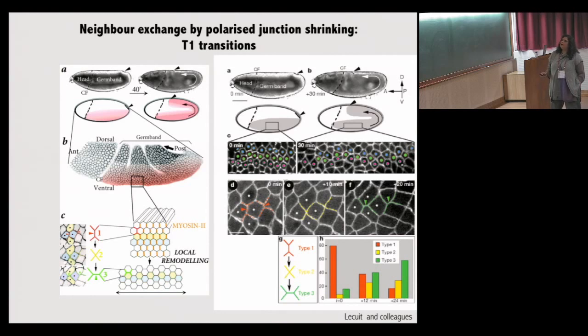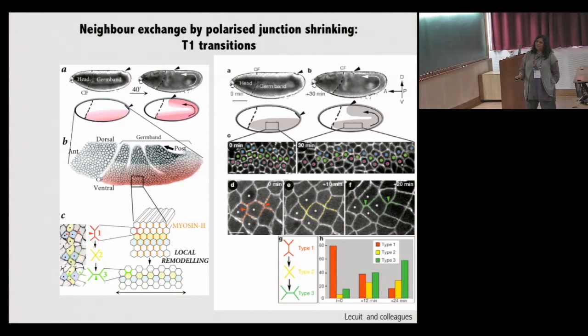They also looked at the frequency distributions of these morphologies of the interfaces, which, as I showed you in the previous slide, go from being like this to being X-shaped and then resolving to this opposite direction. So you can call them type 1, type 2, type 3, and you can quantify the frequency at which each of these morphologies occurs at some time points during this process.